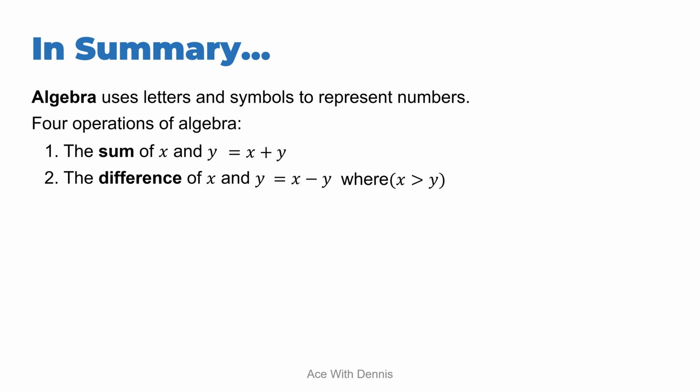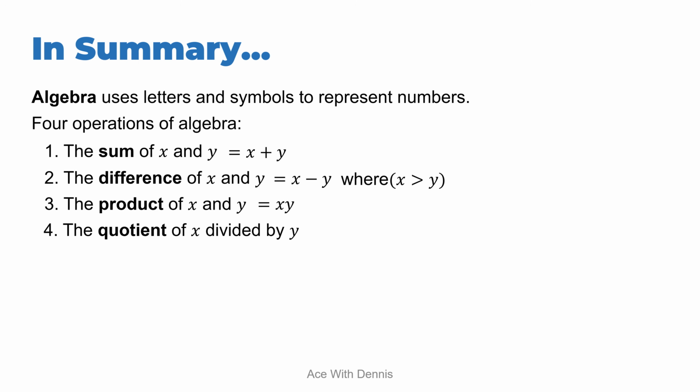Remember, the difference is always the bigger value minus the smaller value, and its value must be positive. 3. The product of x and y can be written as xy. 4. The quotient of x divided by y is x divided by y or x over y, where y is not equal to 0.